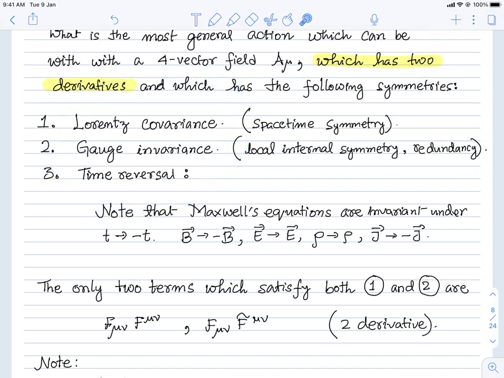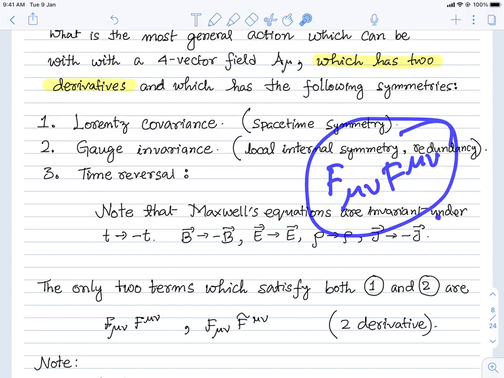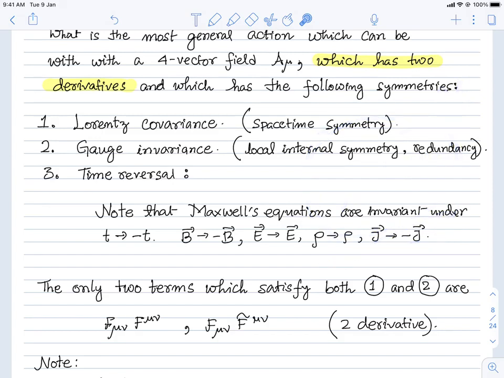Apart from these three symmetry principles, let me mention that they give us a lot of constraints, but they don't restrict you from writing down terms which have higher and higher derivatives. You can take something like F_{\mu\nu} F^{\mu\nu}. This is a scalar clearly, and then you can write down terms which have arbitrary powers of this, with higher and higher derivatives.